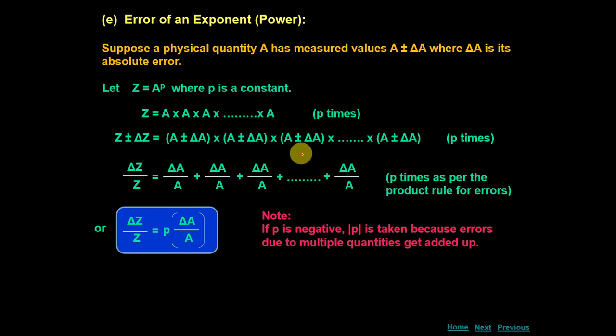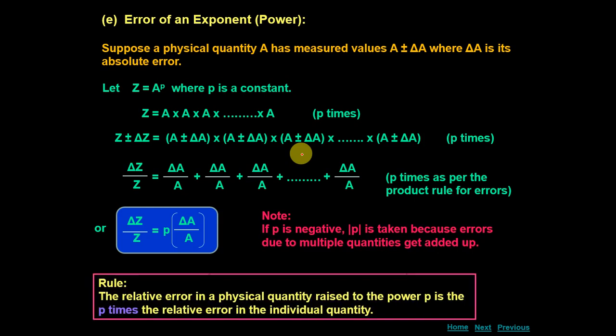So in this way you can find out the propagation of the errors in all the calculations, whether you're doing addition, subtraction, multiplication, division or exponent. So you have the rules, and you can find out the errors in the final results after the calculations using all these rules. So the rule in this is what?